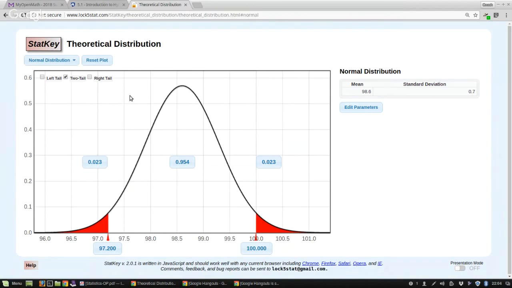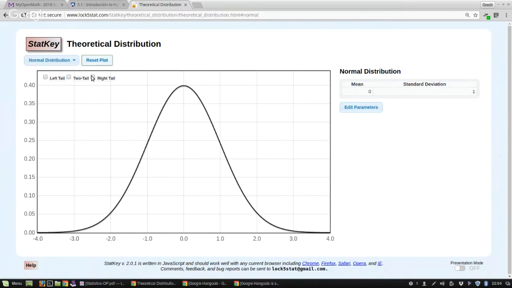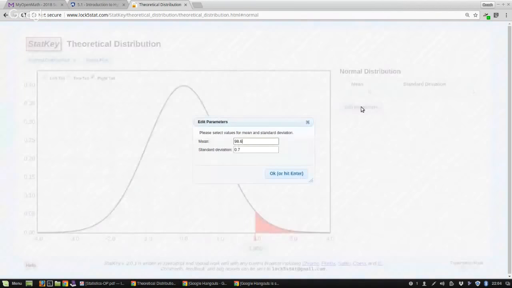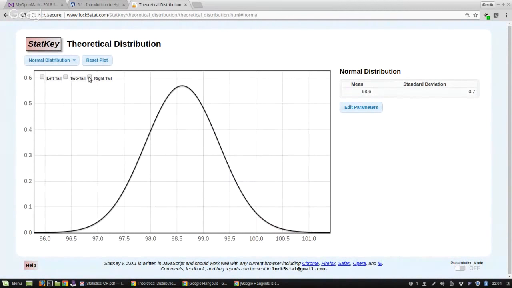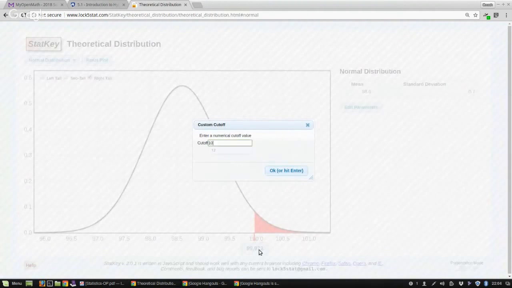So suppose you wanted to know, let's say, switch to a right tail test, and reset it, right tail, go back and hit the parameters, 98.6, 0.7. So if I think an adult is healthy, what's the probability they have a temperature above, let's say, 101?